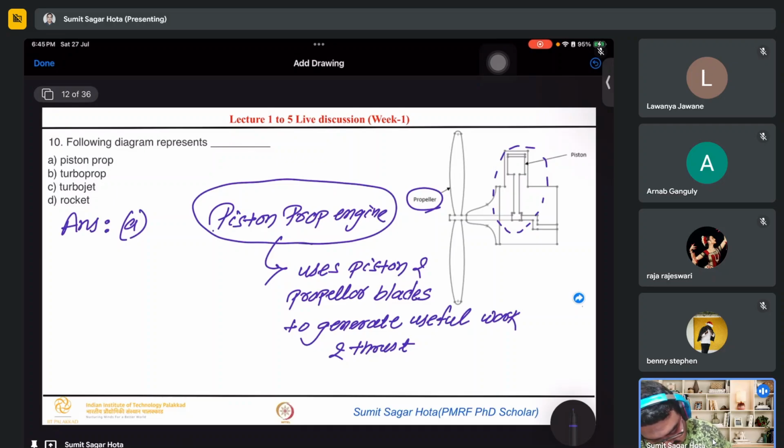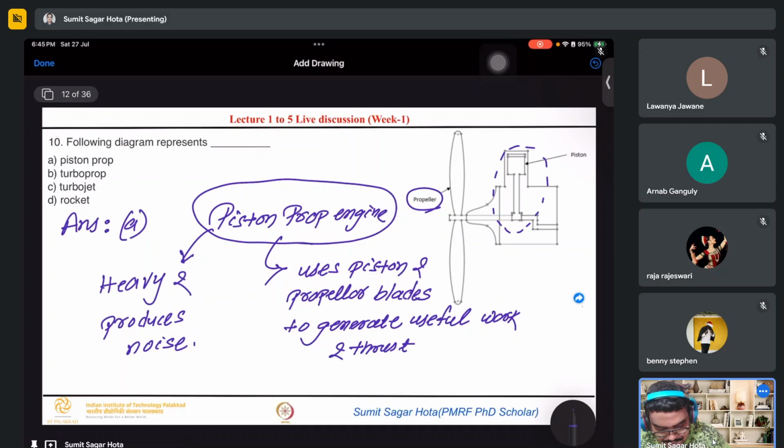So what is the disadvantage of this piston prop? Obviously, because of this piston cylinder arrangement, there are dead weights. So it is a heavy system, and because of the piston cylinder arrangements, it is little noisy. Okay, it produces noise. So that's the case.